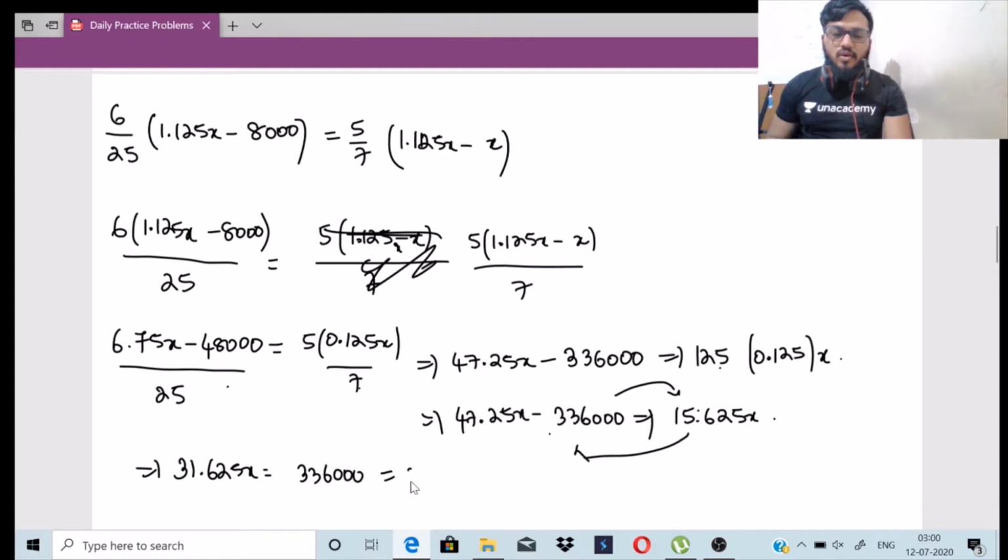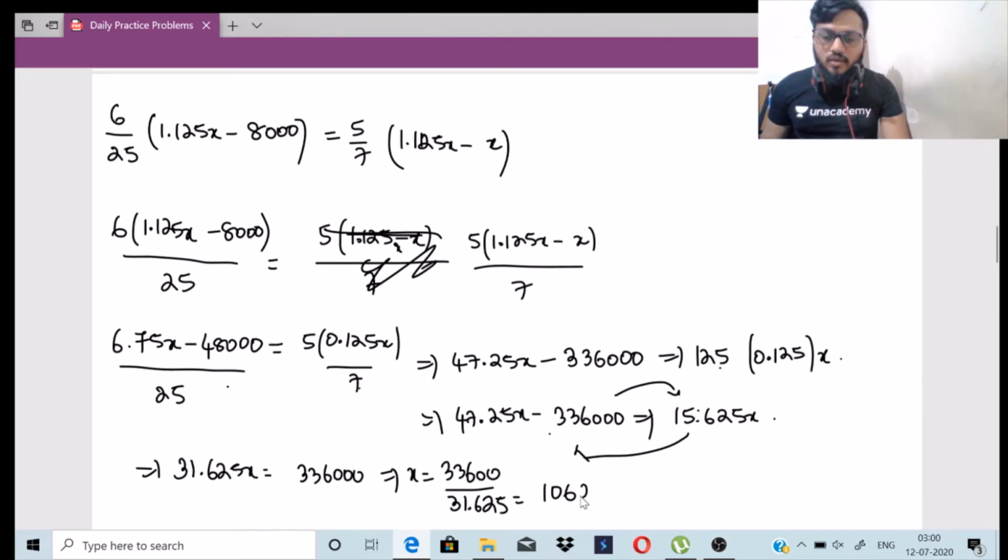So x will be equal to 3,36,000 divided by 31.625, which is equal to 10,624.50 rupees.